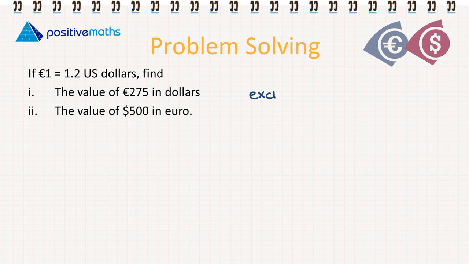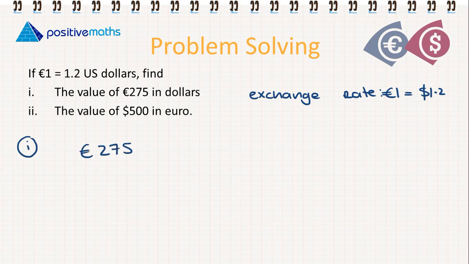Our exchange rate is 1 euro is equal to 1.2 US dollars. For the first part, we want to find the value of 275 euro in dollars. We know already that 1 euro is equal to $1.2 or $1.20.